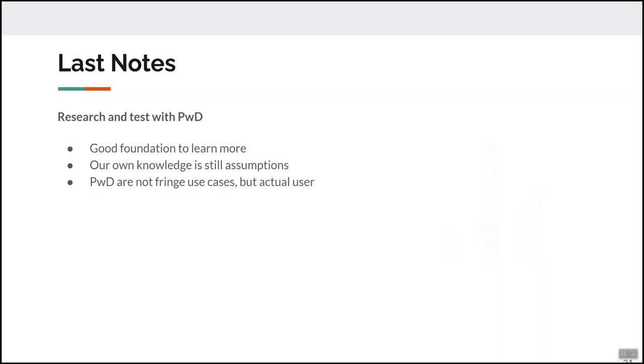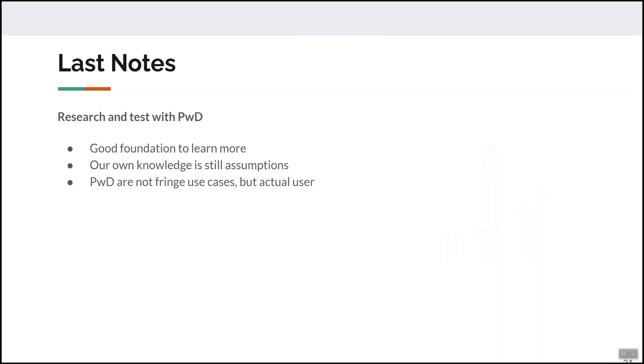Based off what we learned today, we still need to know that our knowledge is still assumptions. And that's what we do in UX all the time. We may know something for ourselves, but until we actually talk with a real user of the product, we still have assumptions. And people with disabilities are not fringe use cases. They are our actual users.